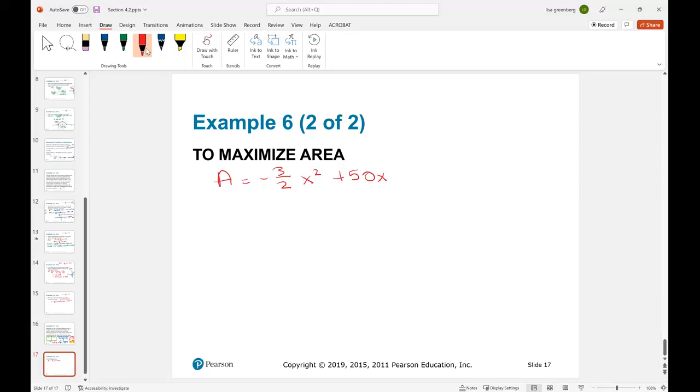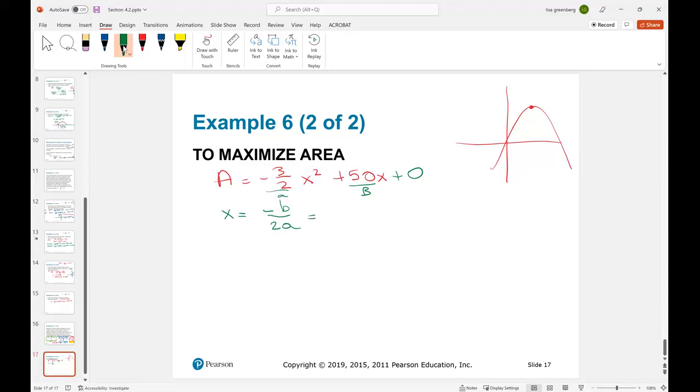Well, I have a quadratic. It's a parabola opening down. So again, to maximize, I need to find my vertex. So I first start with x equals negative b over 2a. And remember, there's a plus 0 here, which is my c. So this is b, and this is a.